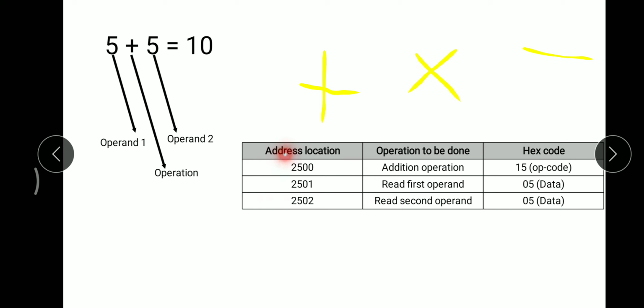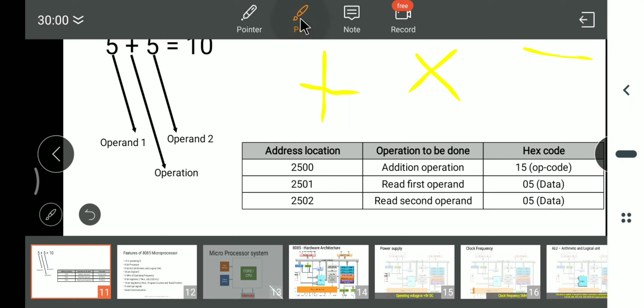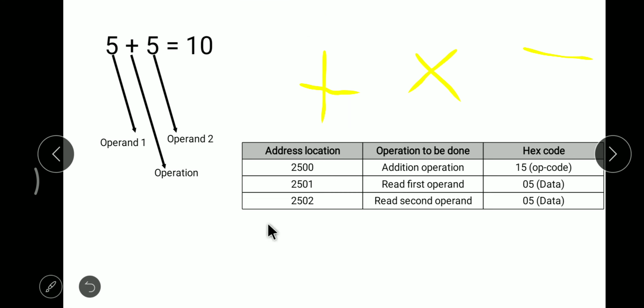Next, if I want to perform one more operation, a subtraction, I need to mention the operation code for subtraction in the address 2503.